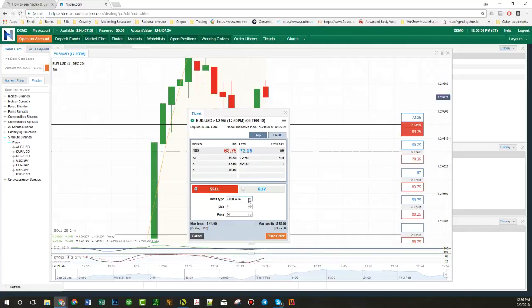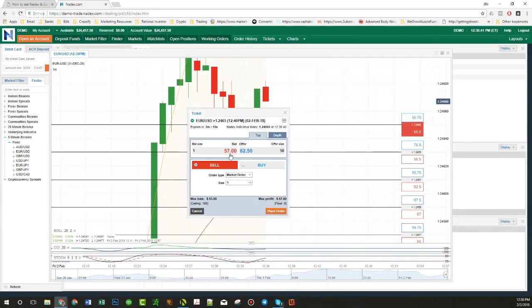Right now it's at 61 here. Let's go market order. See how the price here is the same as my max profit. The number here is the number here. So whatever number that's ticking, that price, that's your profit. Okay, the higher this number, the less likely it's going to be.